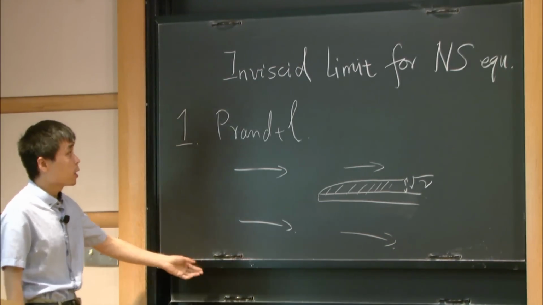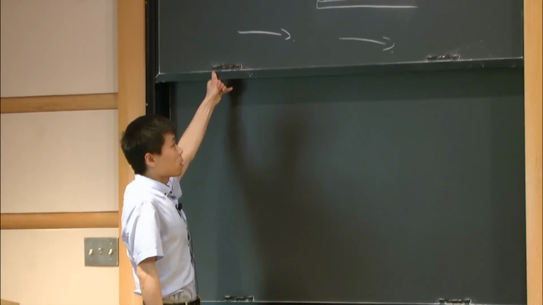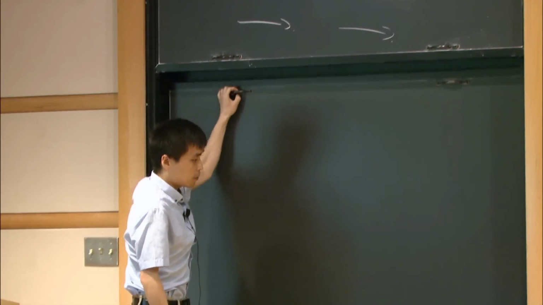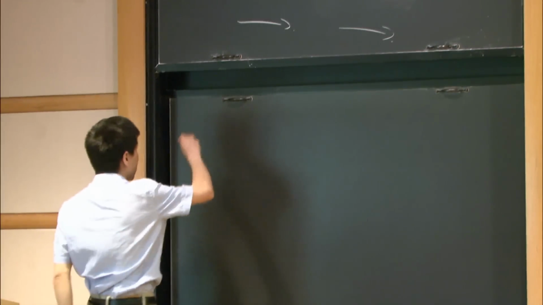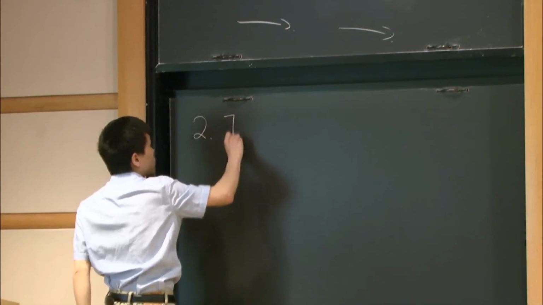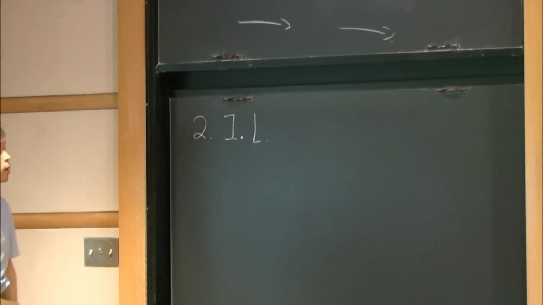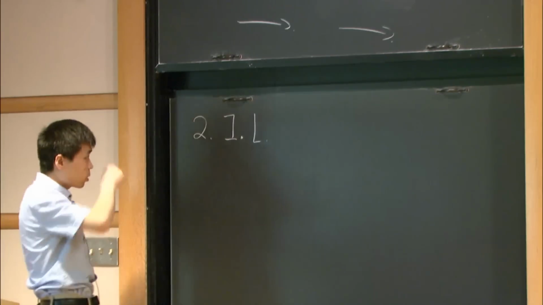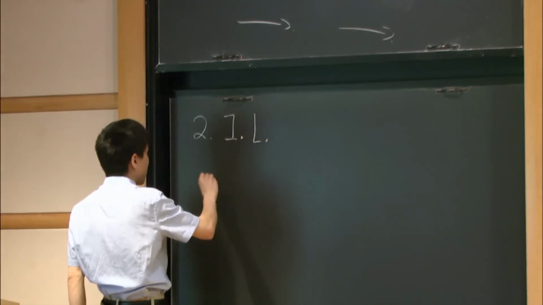And then next, let me introduce the inviscid limit problem. I denote it IL, which stands for inviscid limit. To talk about this inviscid limit, I need to first write down the Navier-Stokes equation.